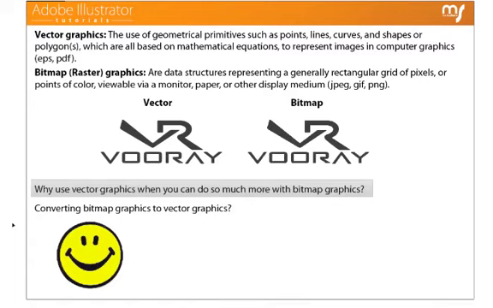Vector graphics come in handy when you are dealing a lot with print or manufacturing. For example, when I first learned Adobe Illustrator, I was working for Reminder Band that makes silicone wristbands similar to the Livestrong bands.